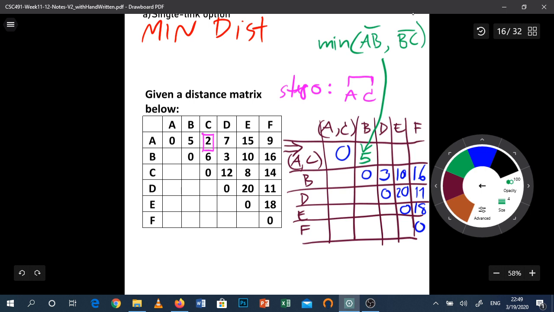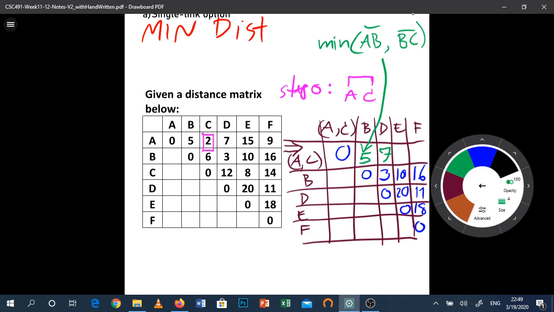Now let's look at this cell, AC and D. That's the minimum of AD, which was 7, and CD was 12. So the winner is the minimum, 7. Now let's look at this cell, AE and CE.